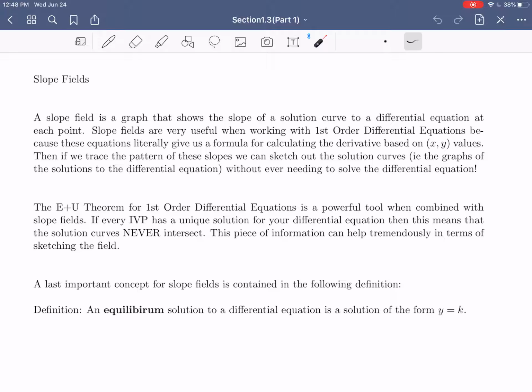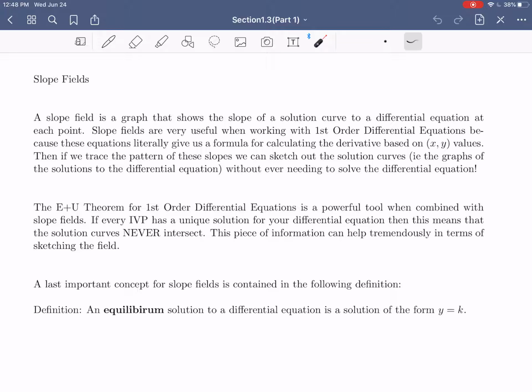But let's first talk a little bit about how slope fields and the existence and uniqueness theorem play together. The existence and uniqueness theorem for first-order differential equations is a powerful tool when combined with slope fields. If you can show that every IVP has a unique solution for whatever differential equation you're looking at, then that means when you look at those solution curves on your slope field, they can never intersect.